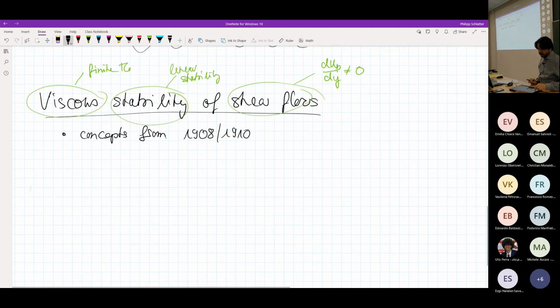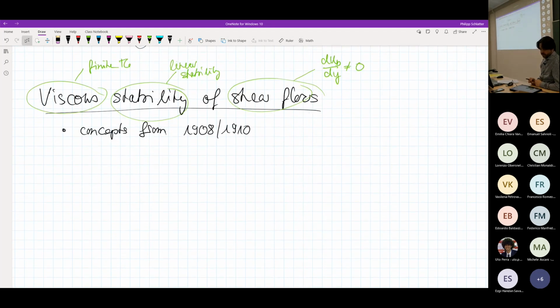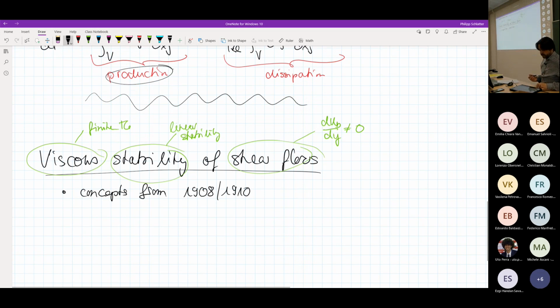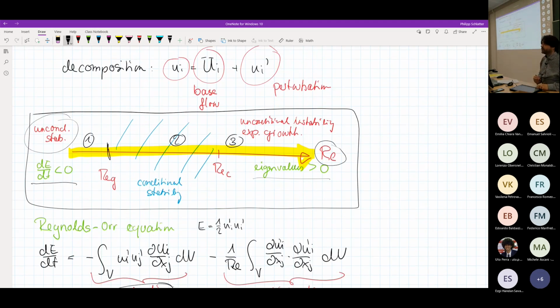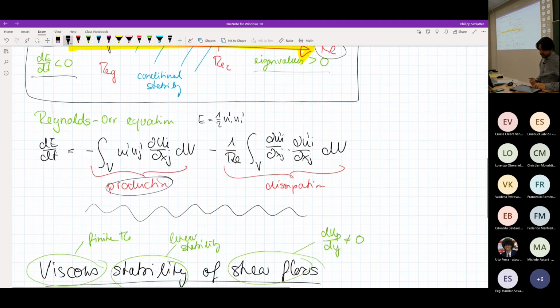What we then also wrote down at the very end on Friday was the topic of today, namely viscous stability of shear flows, and we explained what we mean by all these words. Viscous means we're somewhere at finite Reynolds number, so we're somewhere along this ray.